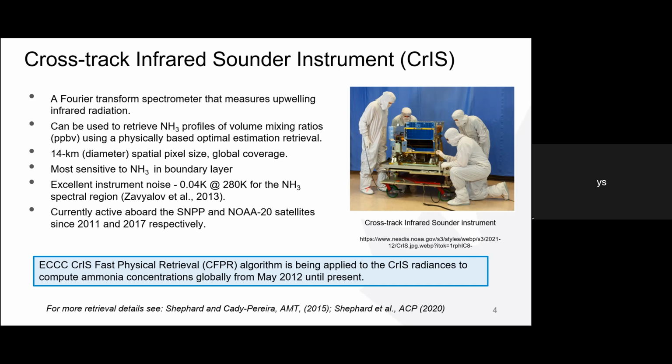CRIS is most sensitive to ammonia in the boundary layer and has excellent instrument noise. It's active on both the SNPP and Noaa 20 satellites since 2011 and 2017, respectively. And we have applied the CRISP-Fast physical retrieval algorithm to radiances from both instruments to compute ammonia concentrations globally from May 2012 to the present.